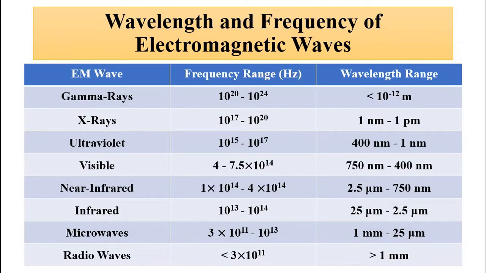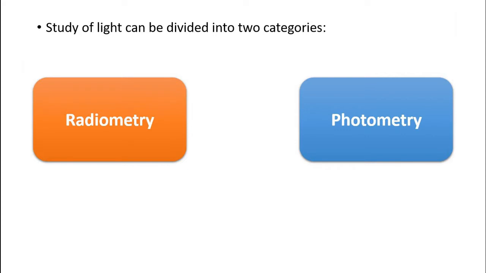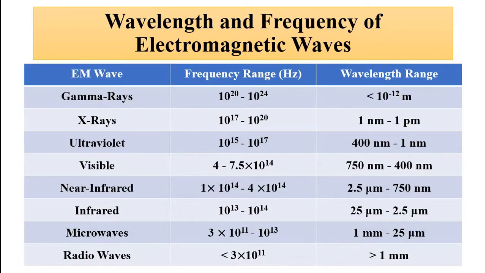The two categorizations related to the study of light, radiometry and photometry, basically study different frequency and wavelength ranges. Photometry is concerned only with the visible part of the electromagnetic spectrum: visible light, visible energy, luminous energy, in the visible frequency or wavelength range.